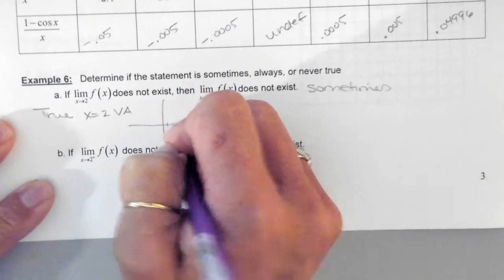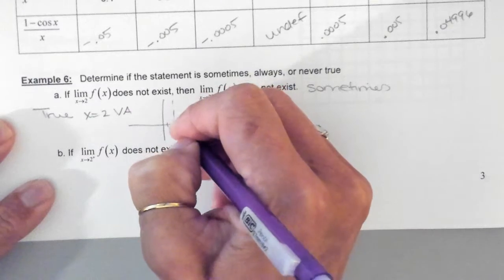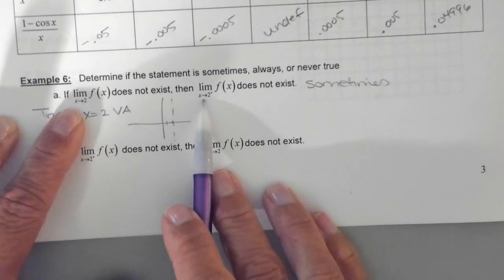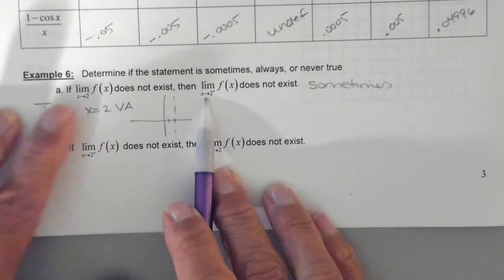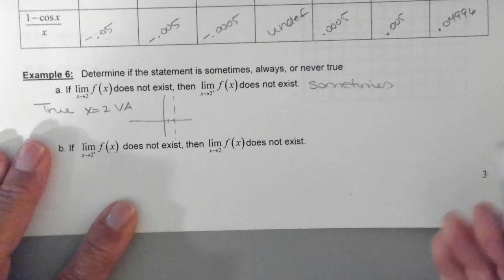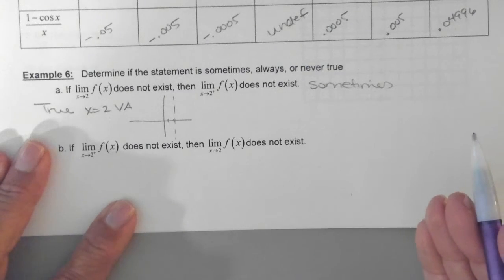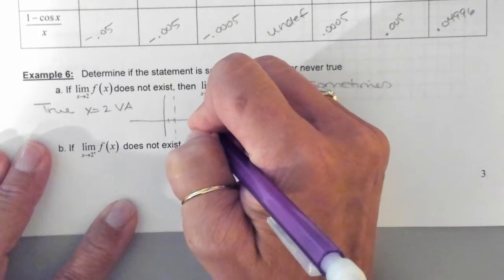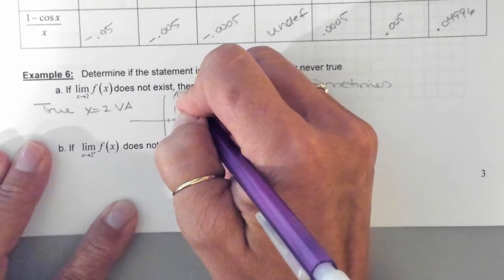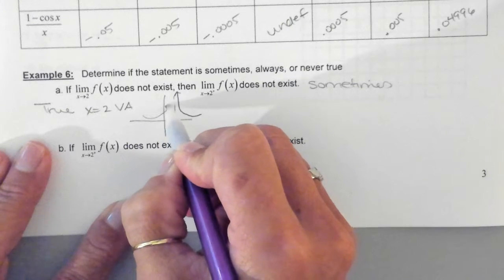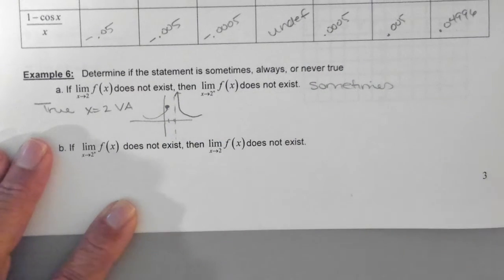If we have a graph like this, so if this is 2 and I have a vertical asymptote here, they're saying that if the limit as x approaches 2 from the right does not exist, the only time that's going to happen is if the graph goes to either positive or negative infinity from the right-hand side. Okay, so this is just one scenario, but that means my graph would go like this from the right. And then, I don't know, maybe it could go like this from the left, and it goes to a point. I just made that up.